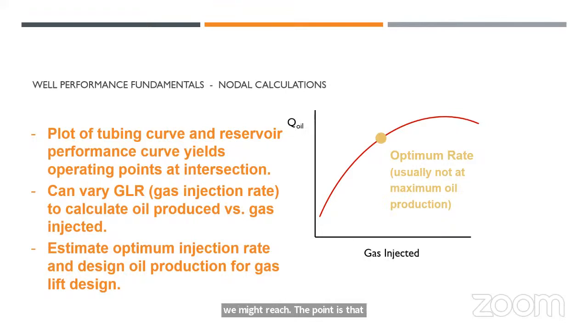We need to operate the well at the optimum rate, at which the amount of gas is optimum for the liquid to be lifted, before we reach a point of gas circulation. So the point of the analysis is to reach the optimum rate of production, not the maximum rate.